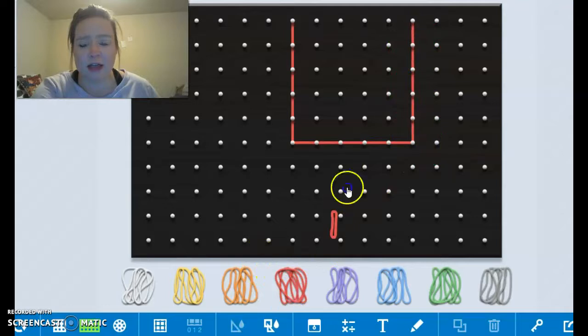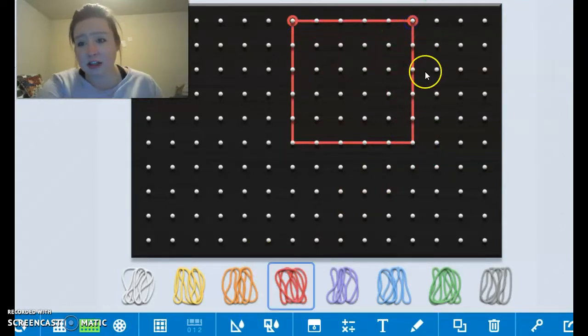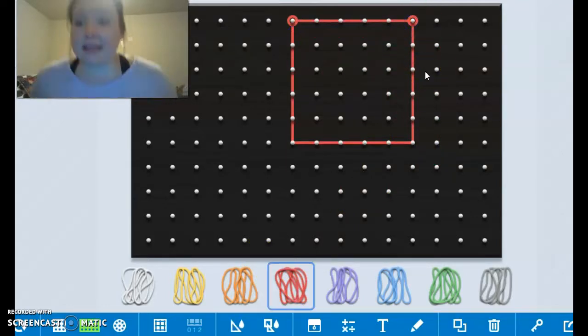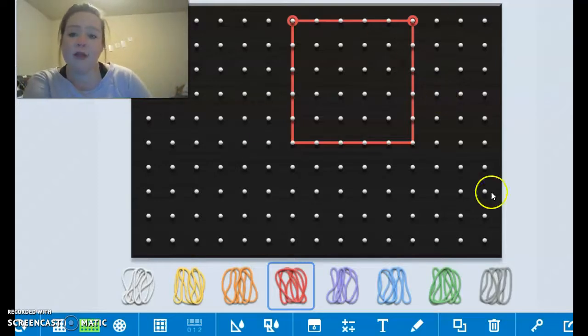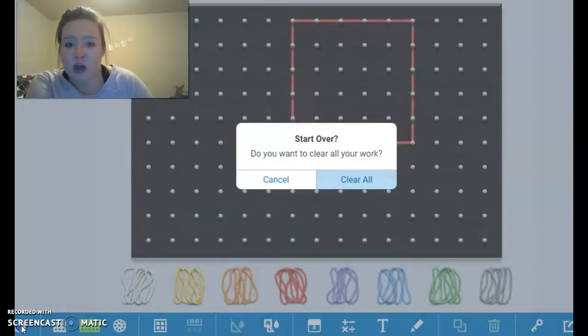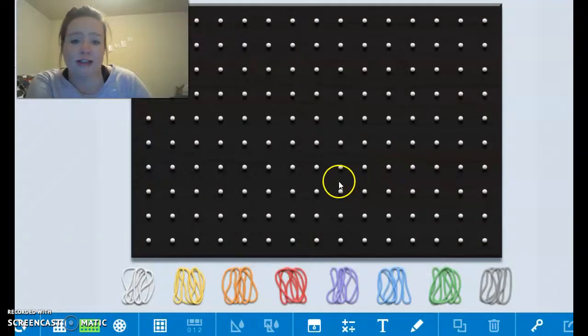Really fun to use, and I'm going to give you instructions on how to screenshot it so you can send me pictures of what you're working on. If you want to erase something, you can click the start over button, clear all, and it does that.